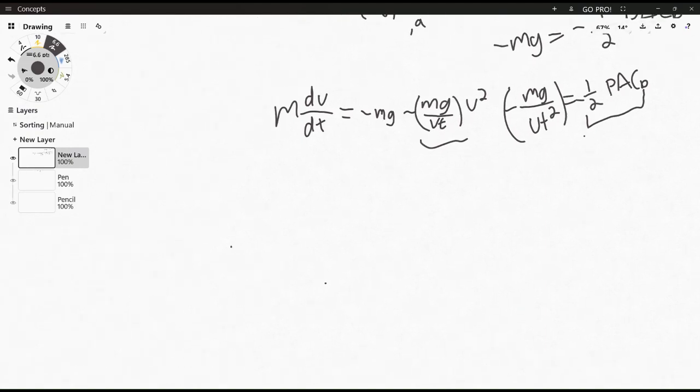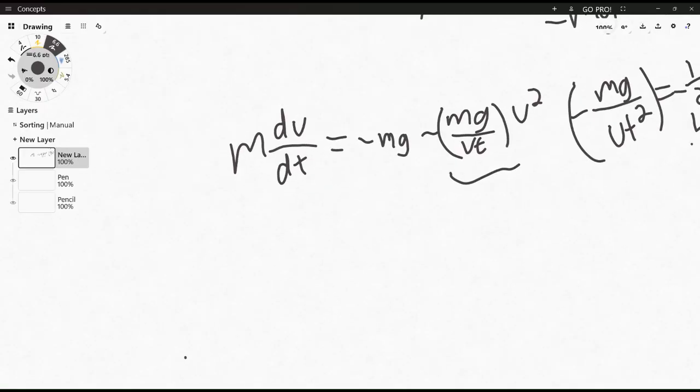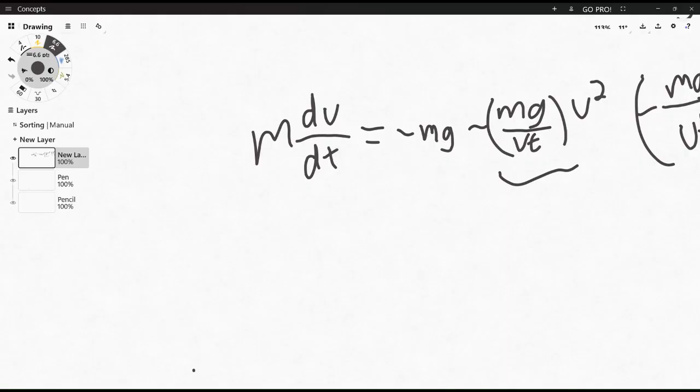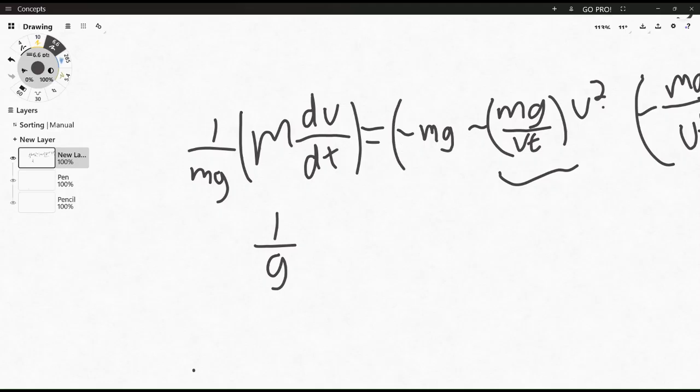Now I'm just going to play around with this expression. So I'm going to divide both sides by mg. So I have 1 over g here. If I multiply both sides by the reciprocal, obviously, right? I'm just going to go fast because I don't want this video to be really long.